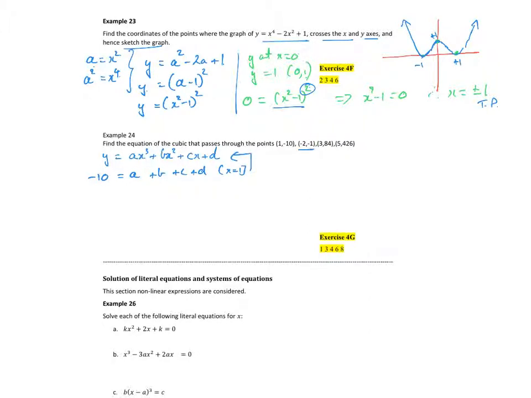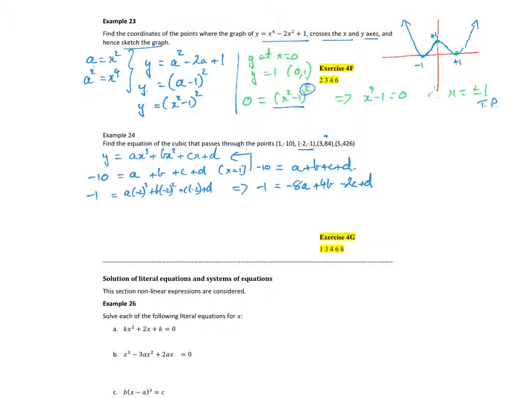If I pick the point negative 2, negative 1, y is negative 1 equals a times negative 2 cubed plus b times negative 2 squared plus c times negative 2 plus d, which leads me to negative 1 is equal to negative 8a plus 4b minus 2c plus d. So there's an equation. Let's rewrite this one. Negative 10 equals a plus b plus c plus d.